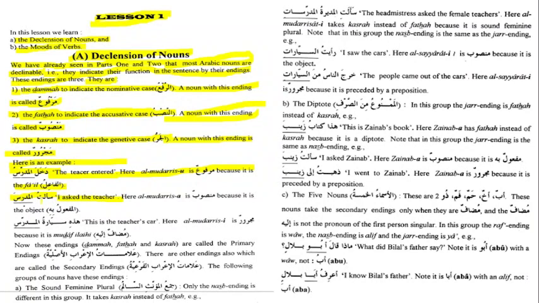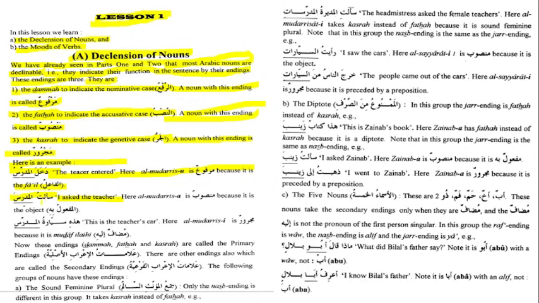In this, how do we do the i'rab of this sentence? This is a jumla fi'liya. This is sa'altu. So sa'al is your fi'l madi. And then the tu is your fa'ilun marfu'.